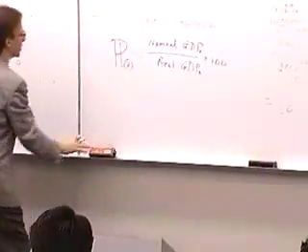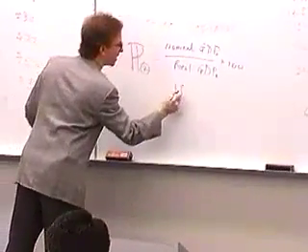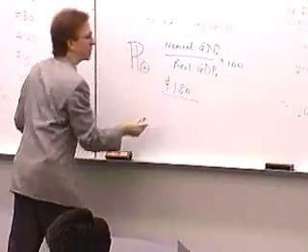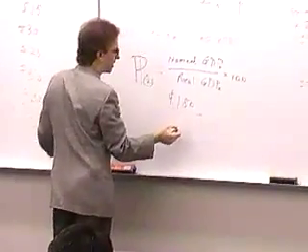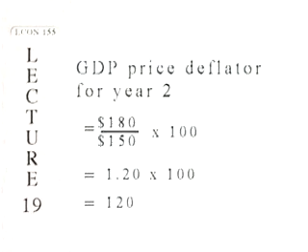Nominal GDP is 180. Real GDP, we'll call this our base year, is 150, times 100. This is equal to 1.20, so 120. You've got to multiply by 100. The interpretation of this is prices are 20% higher in year two than they were in year one.